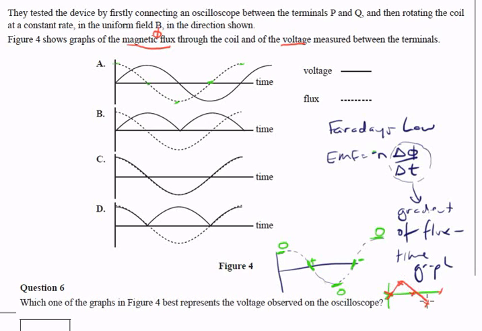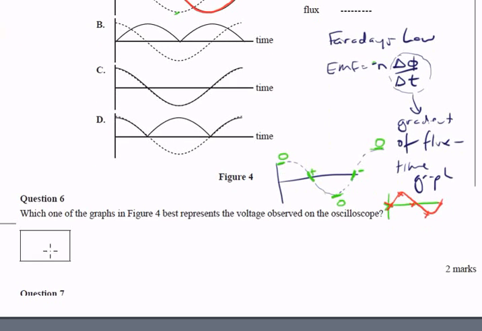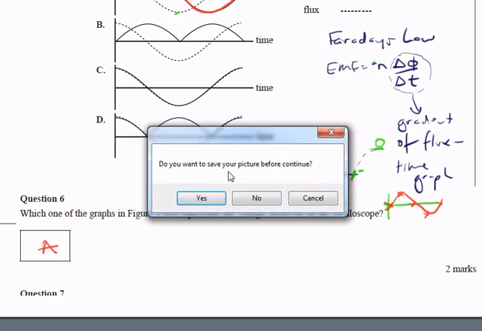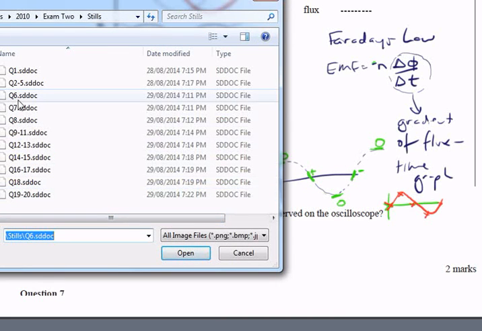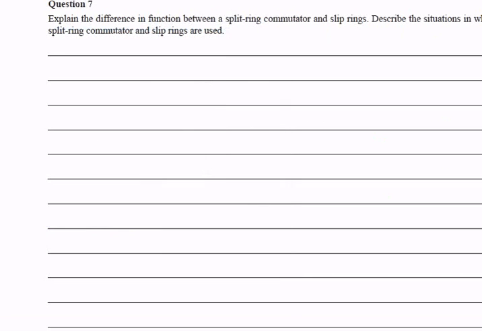So which graph of the voltage looks like that? And the answer is A. Alright.